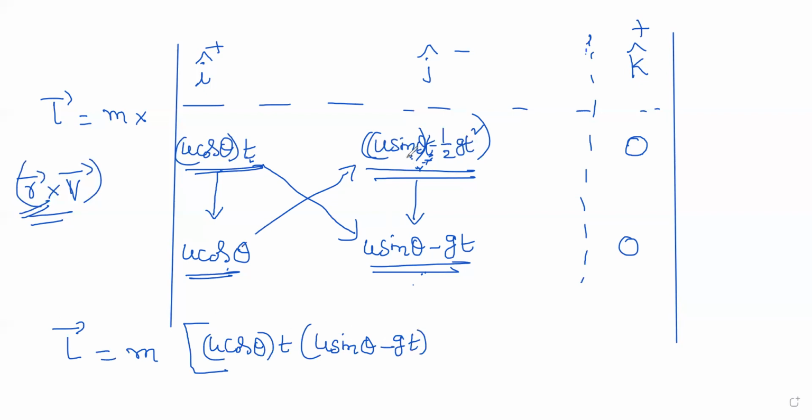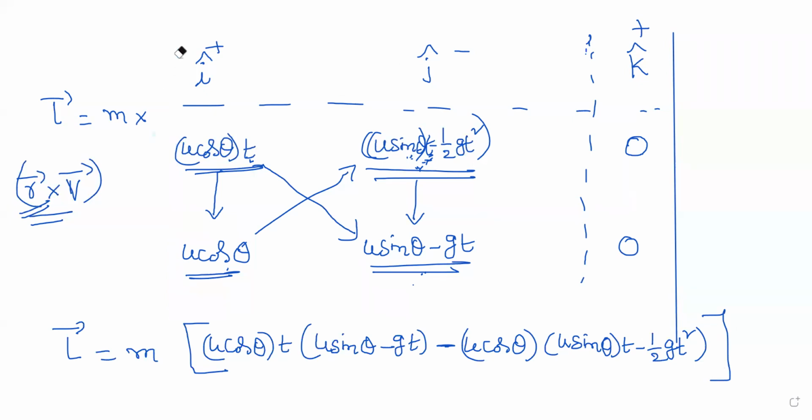And now minus this into this, minus u cos theta multiplied by u sine theta t minus half gt square. This is the thing which we have to solve. Many terms get cancelled. Two terms will get cancelled, two terms will sustain, and we are going to get a negative sign over there. You will get this after solving the problem.